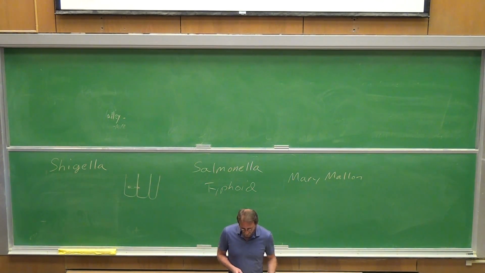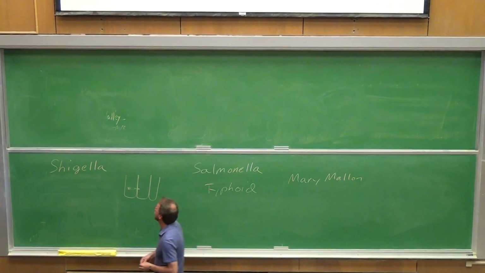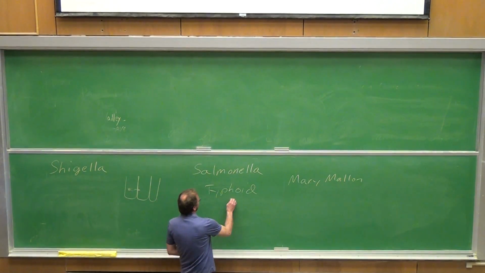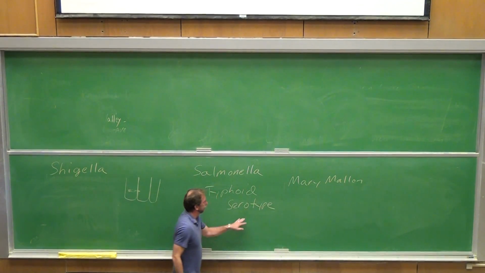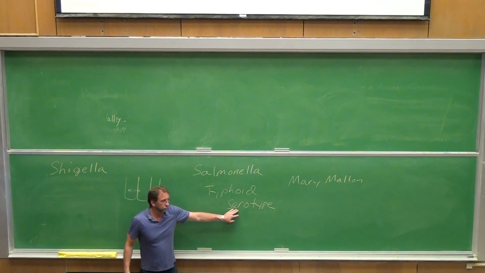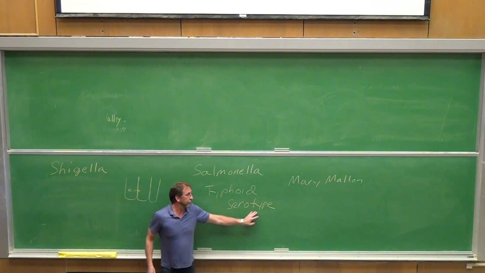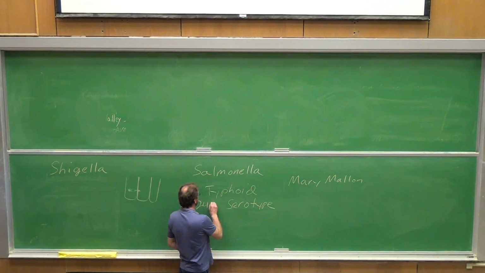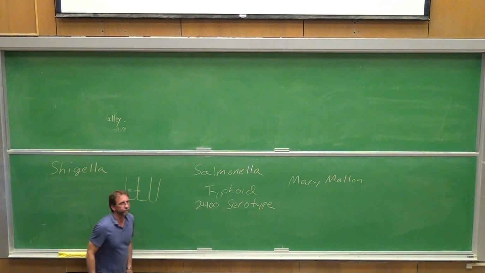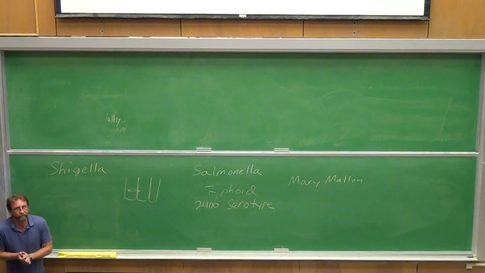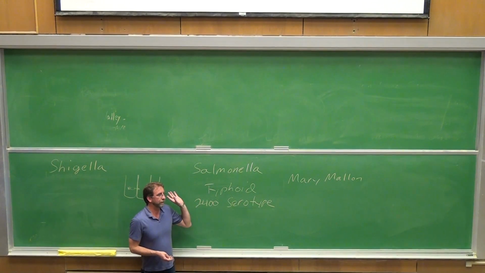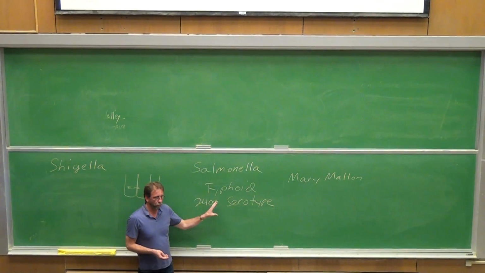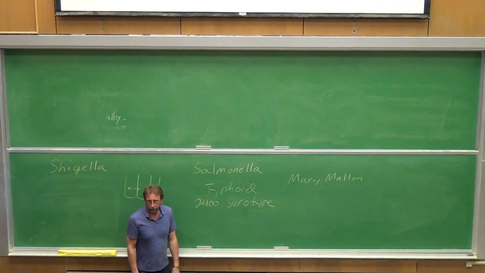There's about 2,400 strains, all identified by a different serotype. So, do you understand what I mean when I say this? If there are 2,400 different strains of Salmonella, and again, there is contradiction about how separate these strains are.